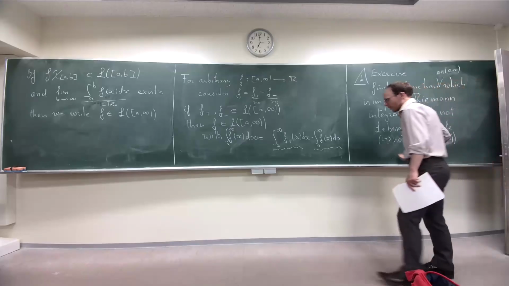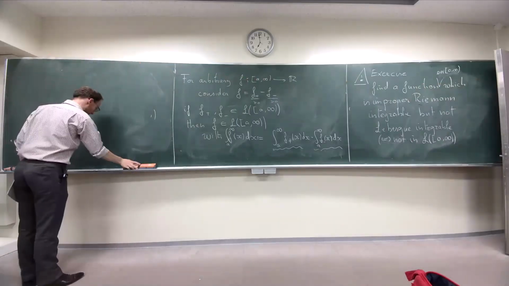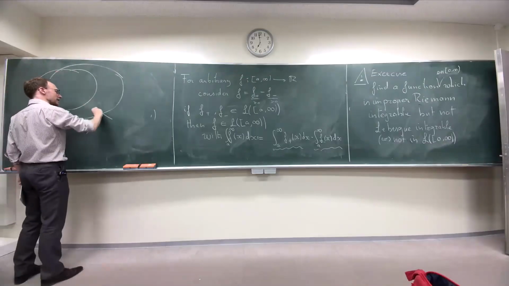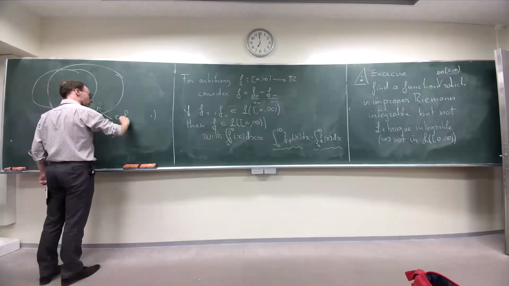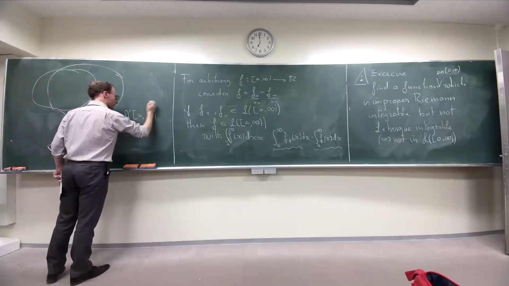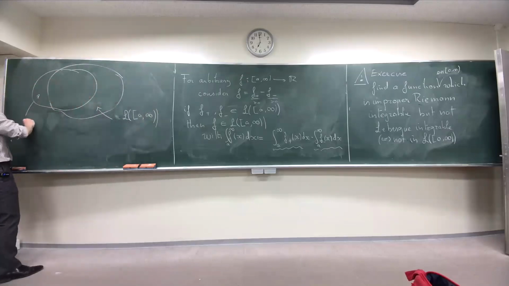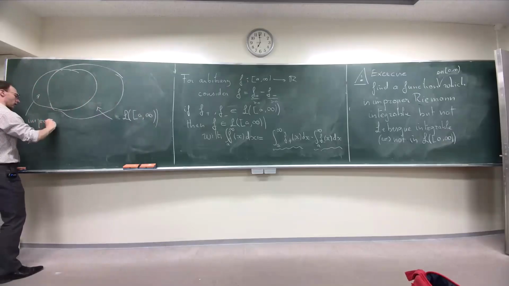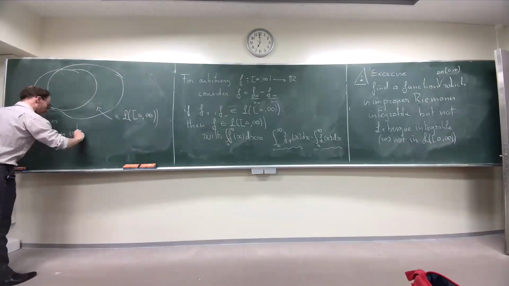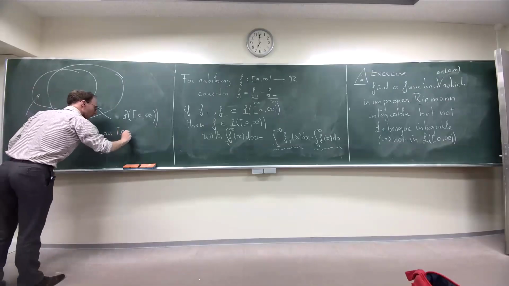So how should you think about it? It's a rather complicated picture. This set is the set L of A infinity. This set is improper Riemann integrals on 0 infinity.